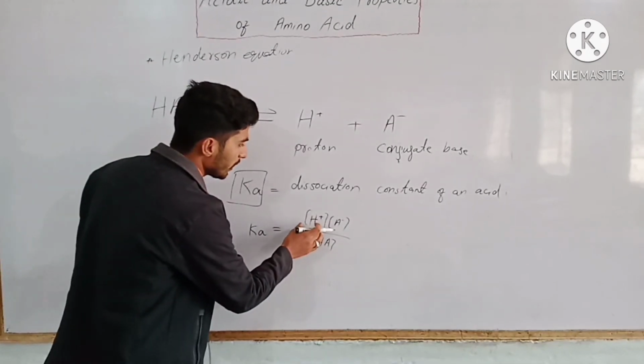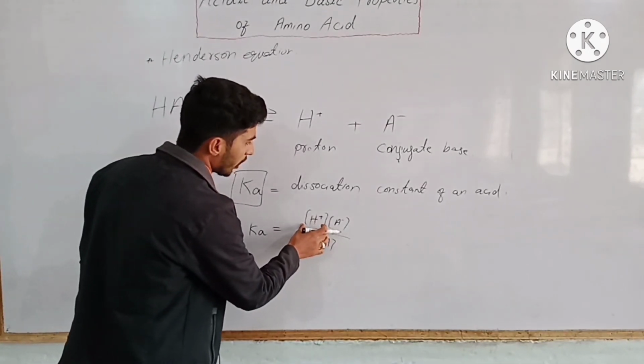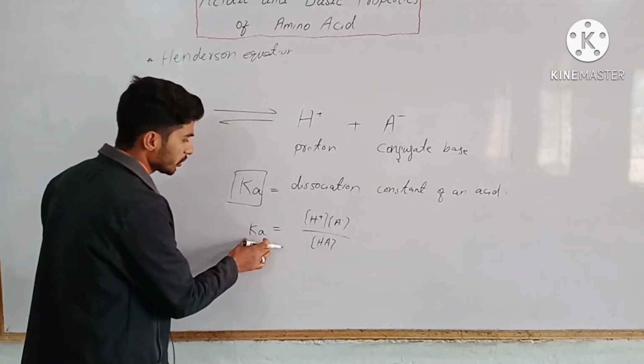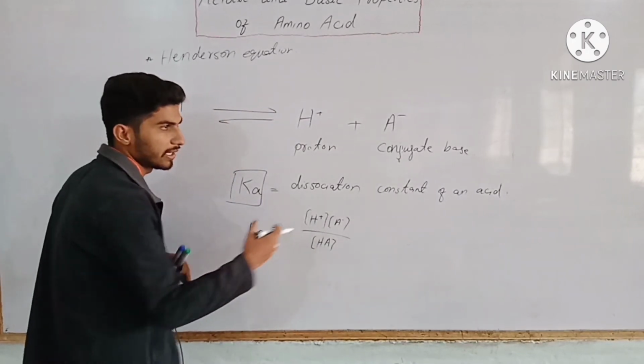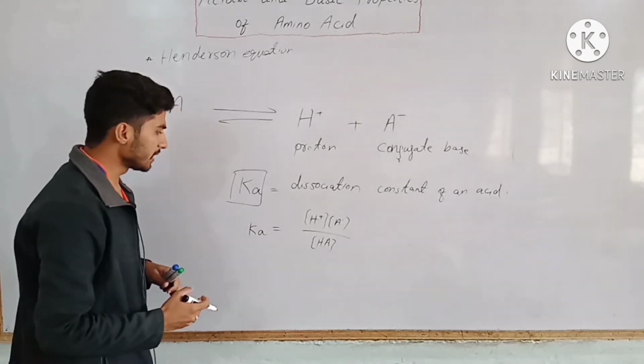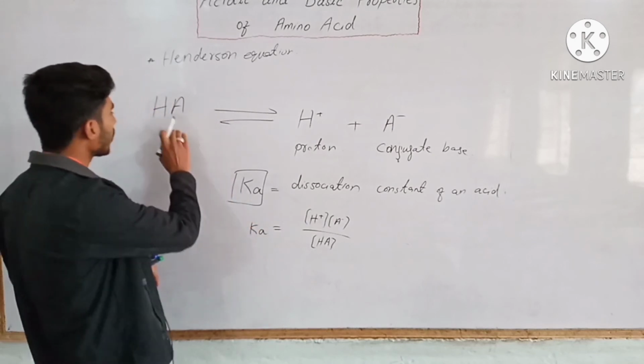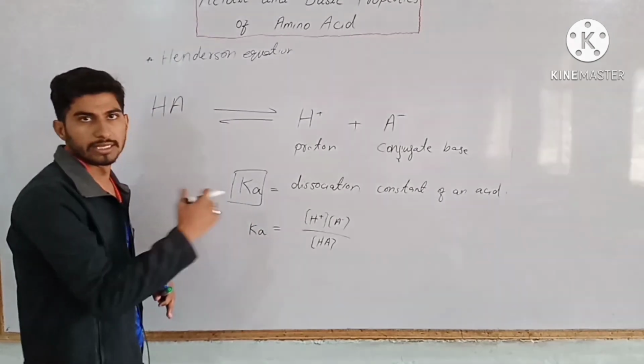If we increase the proton and conjugate base values, the dissociation constant will automatically increase.